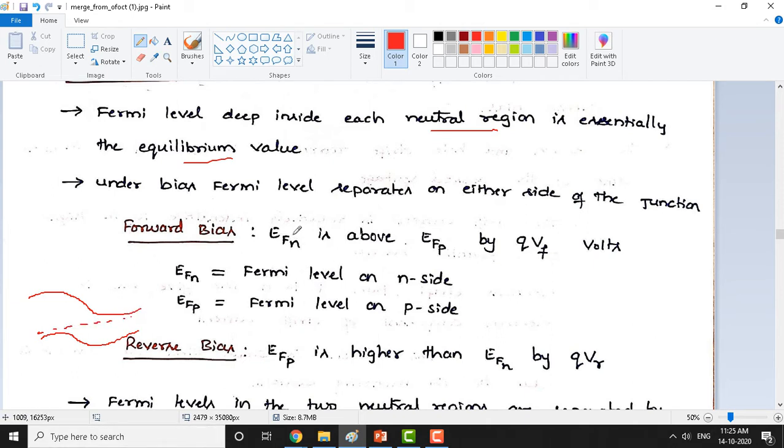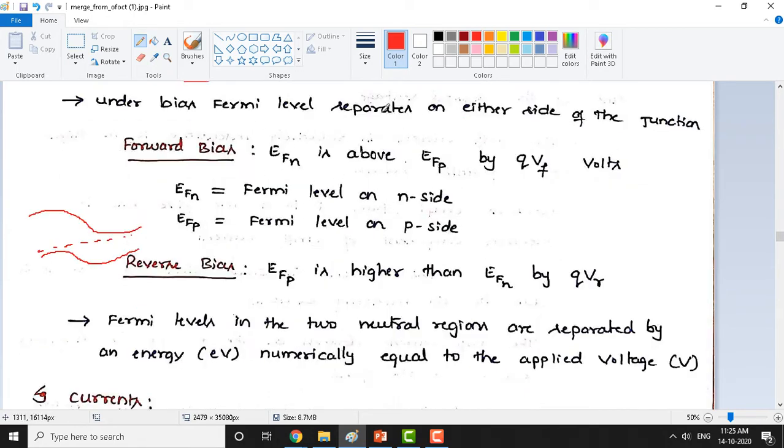Now let us look into the forward bias condition. Under bias, the Fermi level separates on either side. The Fermi level will get split depending on the type of bias we apply. Let us see for forward bias how exactly the Fermi level will move. Look at the notation EFN: EF represents the Fermi level and N represents the Fermi level on the N side.